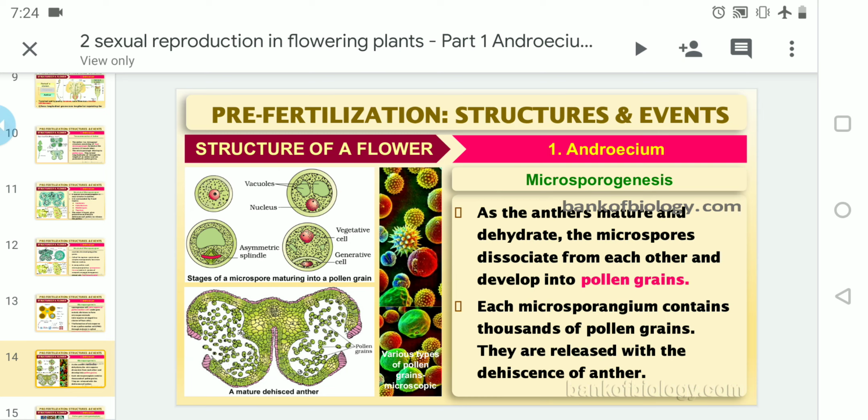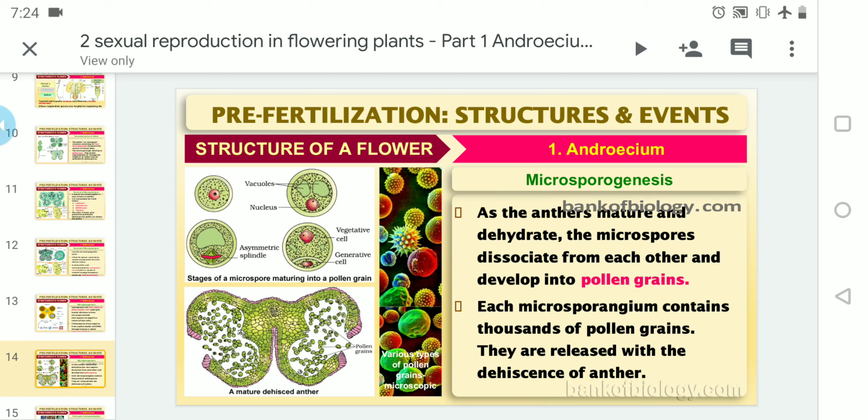That is a mature dehisced anther which releases a huge number of pollen grains. As the anthers mature and dehydrate, that means the water content periodically reduces, the microspores dissociate from each other and develop into pollen grains.